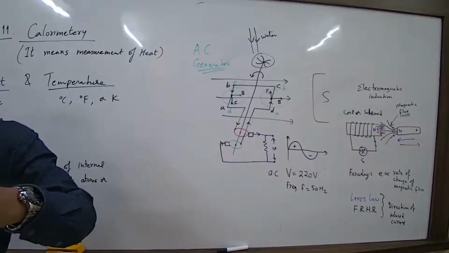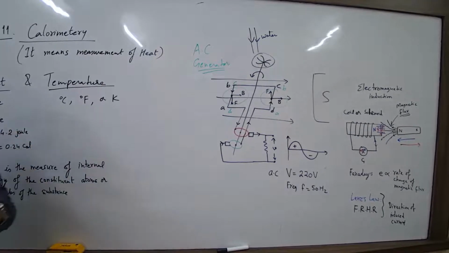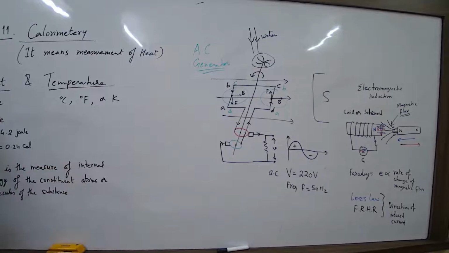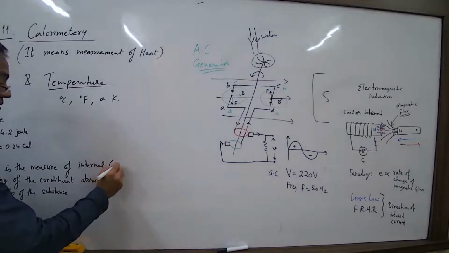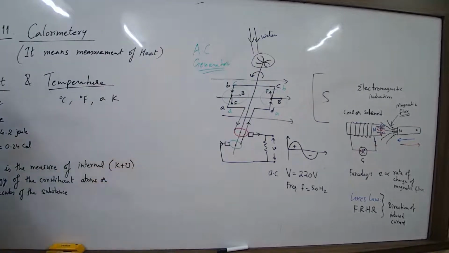So every atom is stretched in some equilibrium state, and they have potential energy as well as kinetic energy. That is internal energy: the kinetic plus potential energy of the quantity. Is it understood? Now what is temperature?